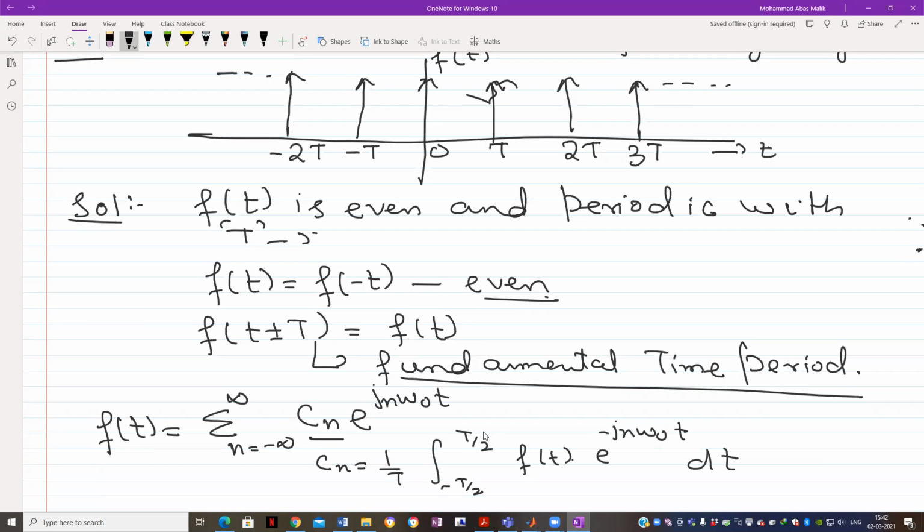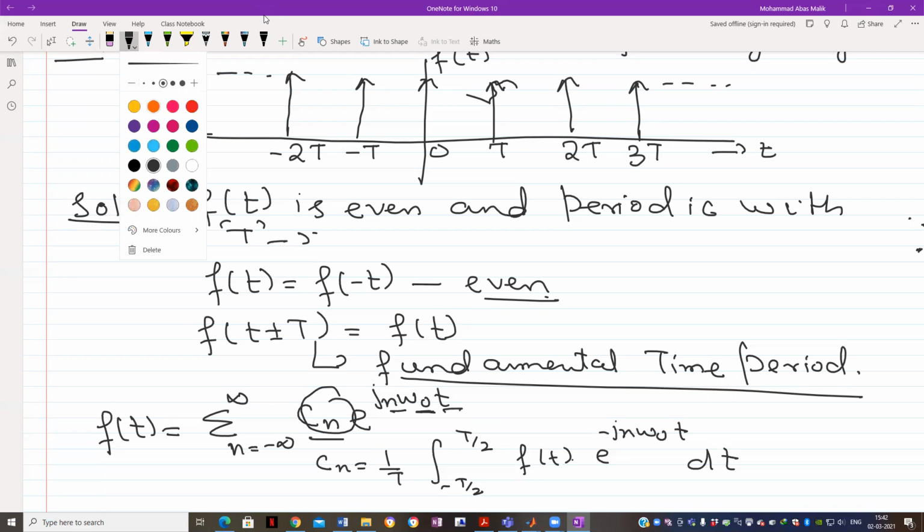So n is given, omega naught will be 2 pi by T. T is just a variable. So you have to find c of n. That means c of n should be calculated.